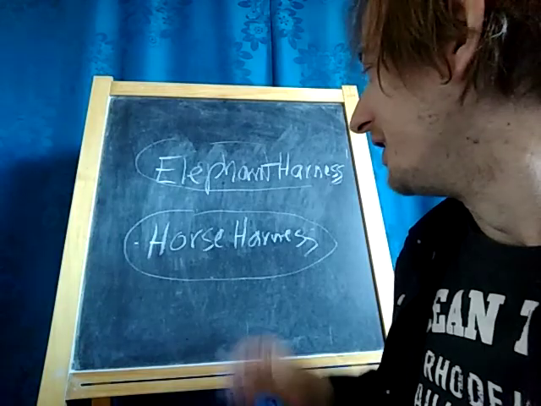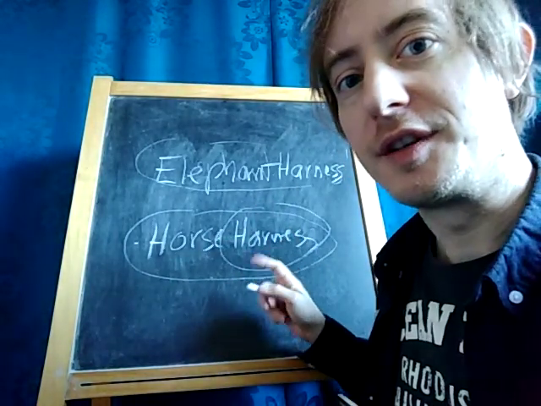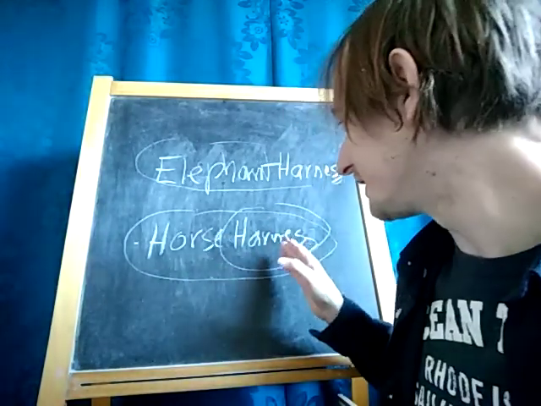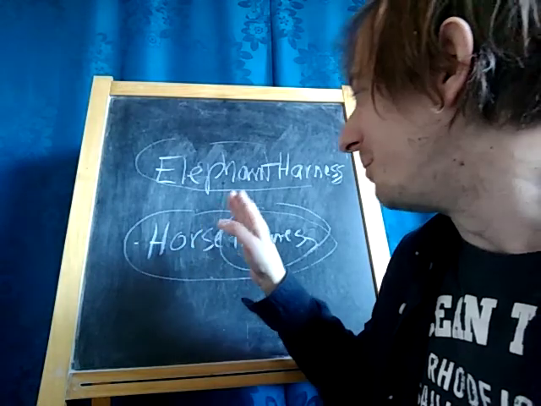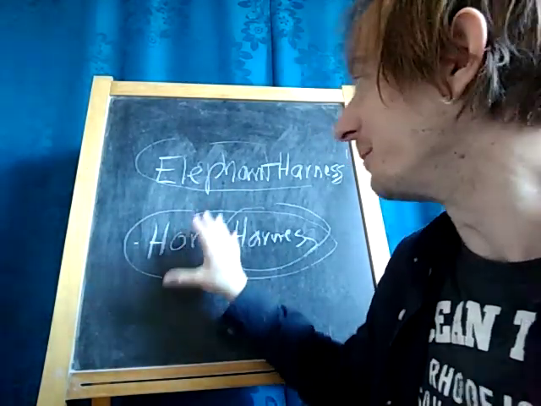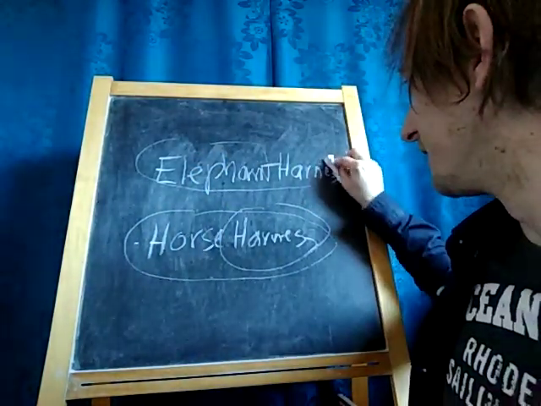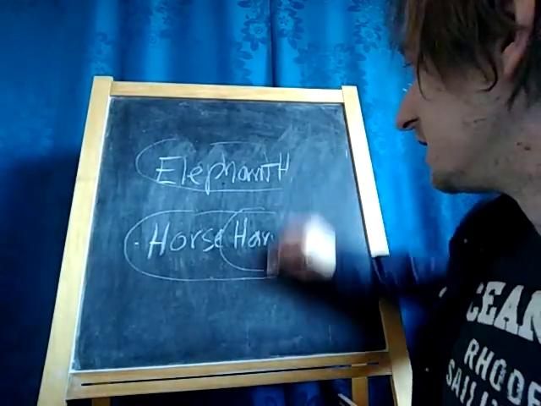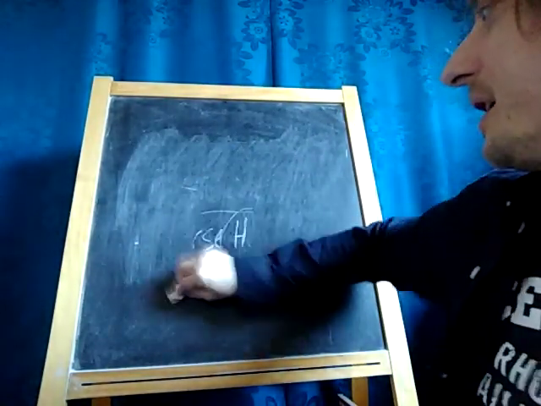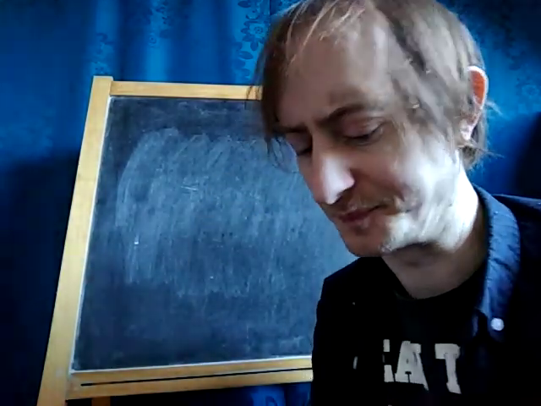There's the word harness in the description, so the search engine could look for the word harness, but a horse harness is a completely different thing than an elephant harness. So what does this point us to?